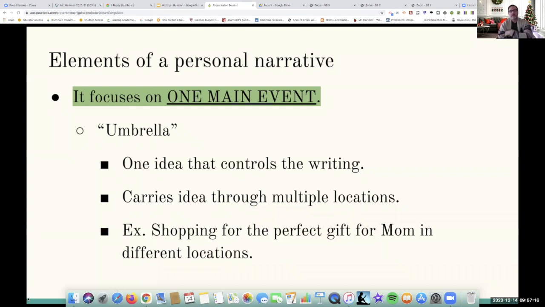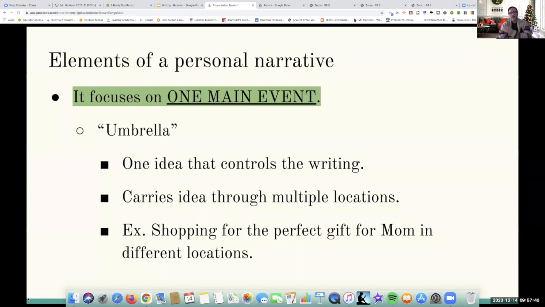So, for instance, say we're writing about shopping for the perfect gift for mom in different locations. The one main event is that we're trying to shop for mom. That could be at Macy's, it could be at Harris's, it could be at Forever 21, or whatever.